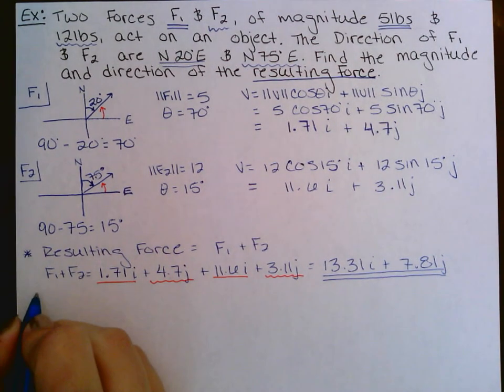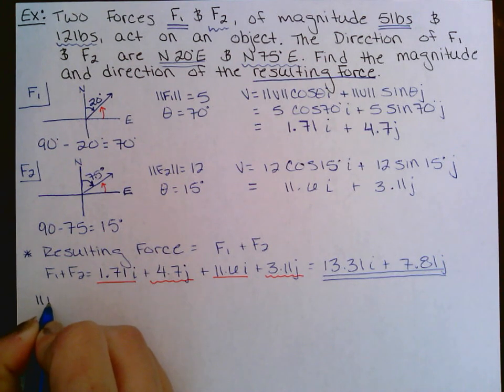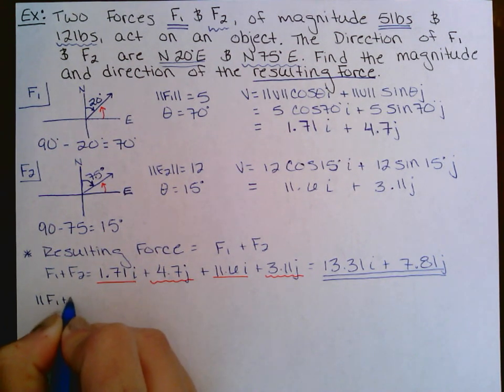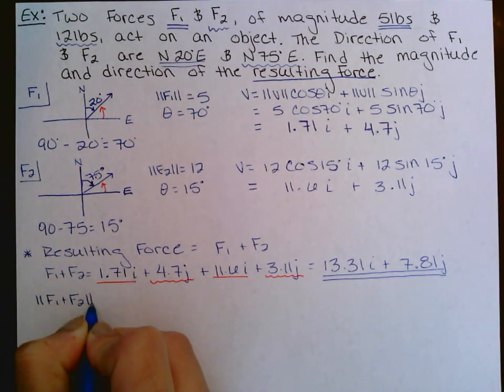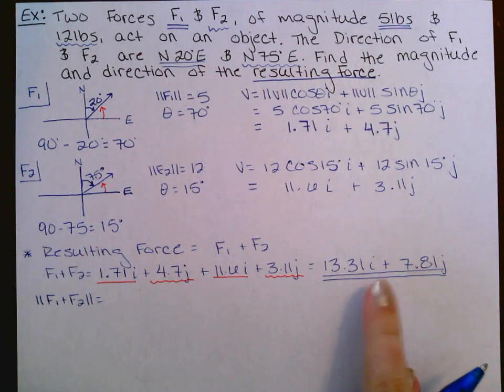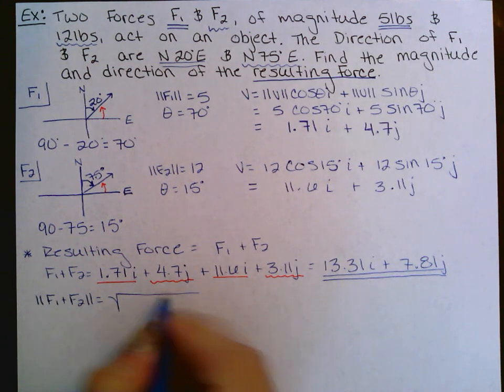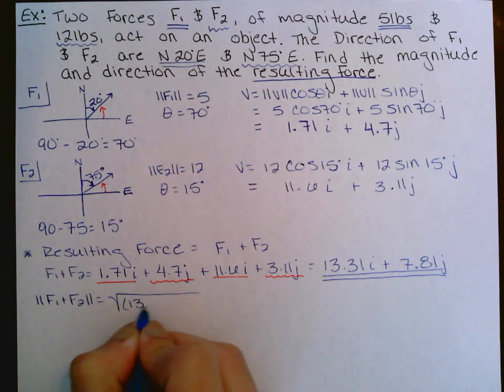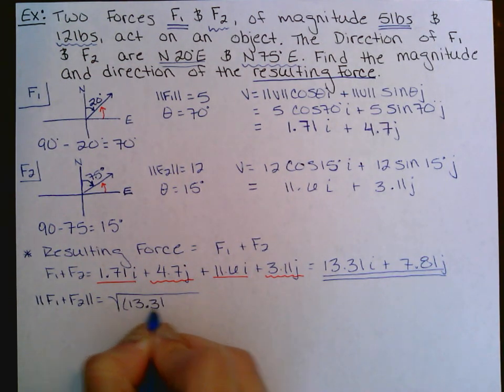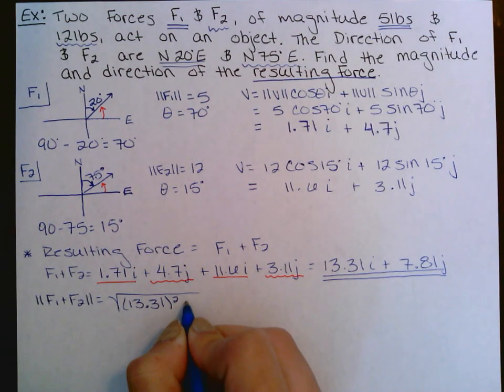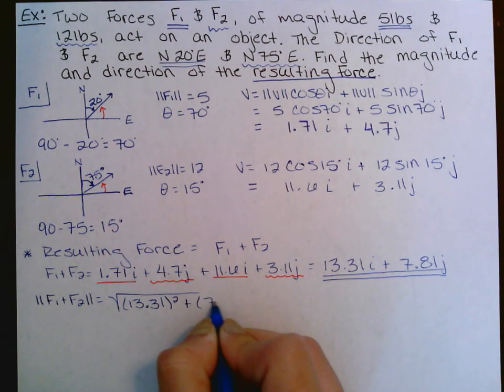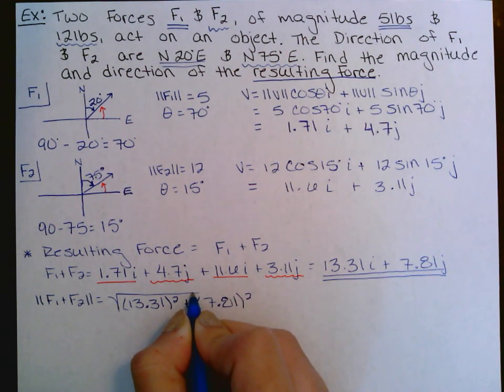So if I want to find the magnitude of this vector, I can say square root of 13.31 squared plus 7.81 squared.